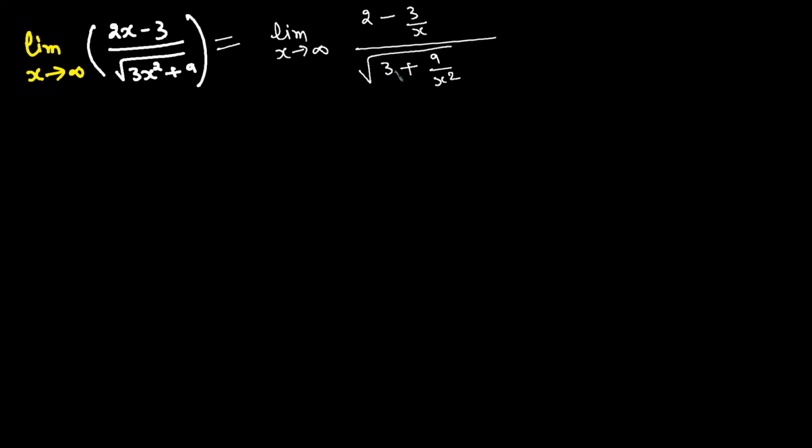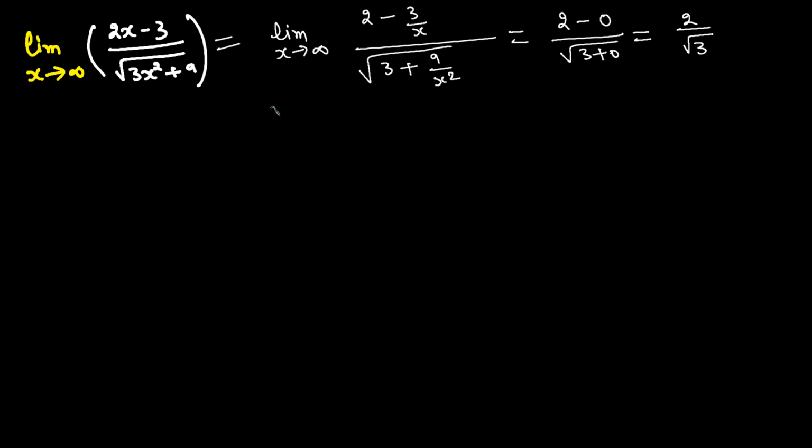So it will be 3 and 9 over x squared. Now just solve this function as x approaches infinity. This gives me 2 minus 0 over the square root of 3 plus 0. So the limit of this function is 2 over the square root of 3.